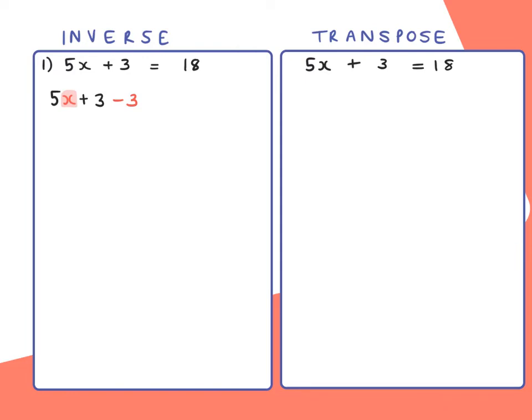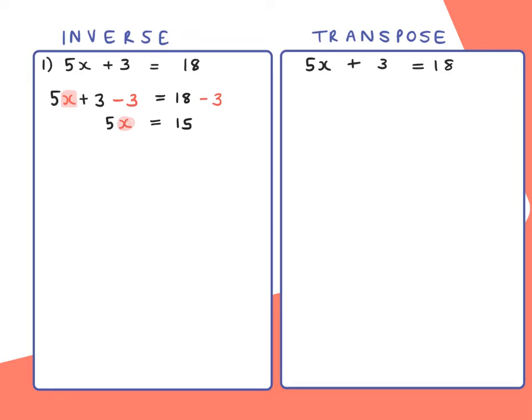Then remember, if I do something on the left-hand side of the equation, I need to do that exact same thing on the right-hand side. So simplifying both sides now, I've got 5x is equal to 15. All right, remember still, our aim is we're trying to get this x to be on its own.